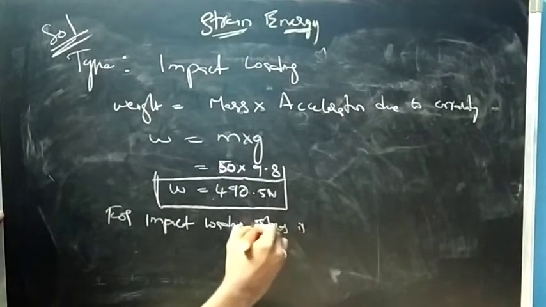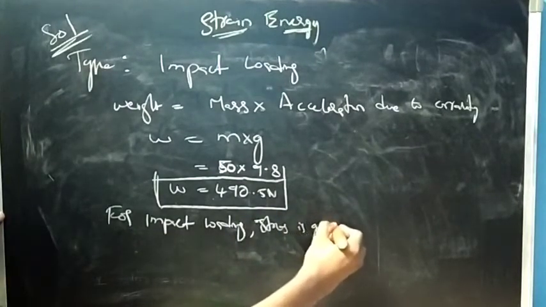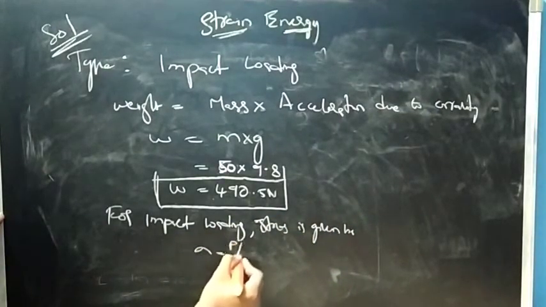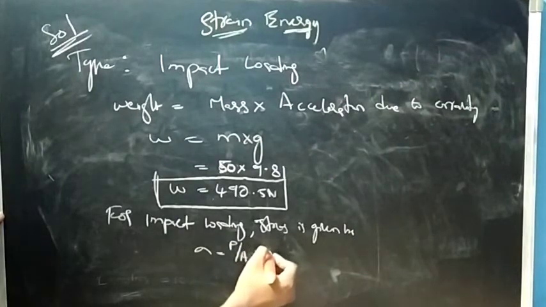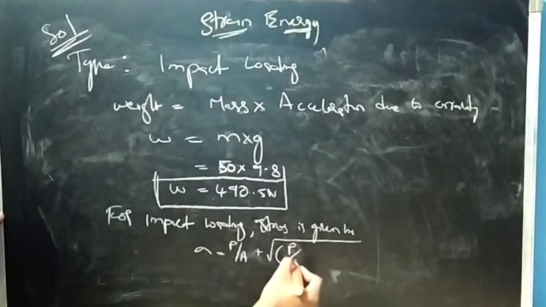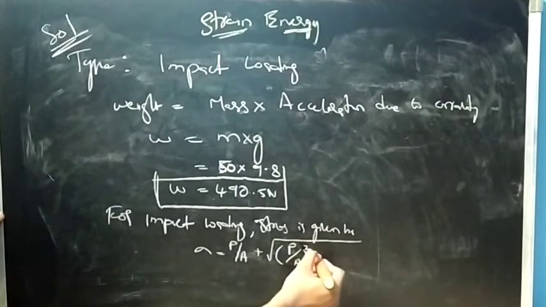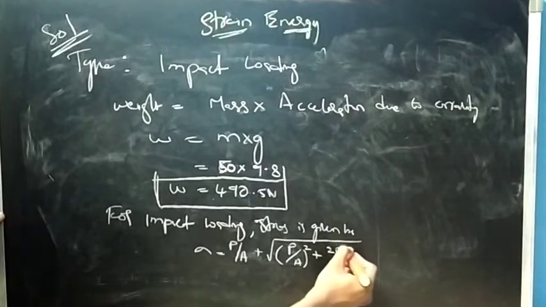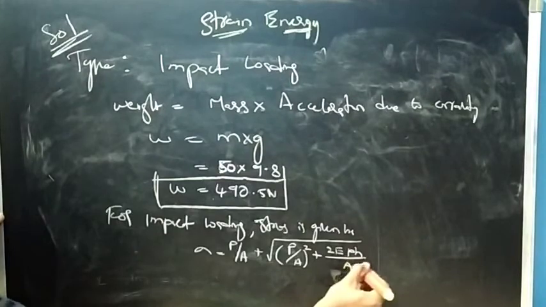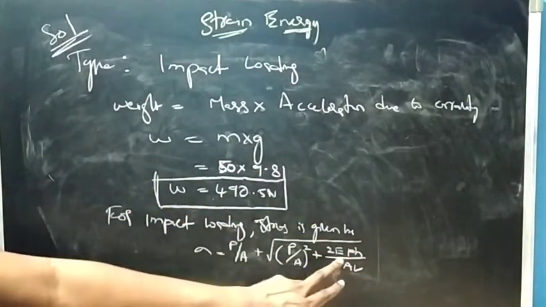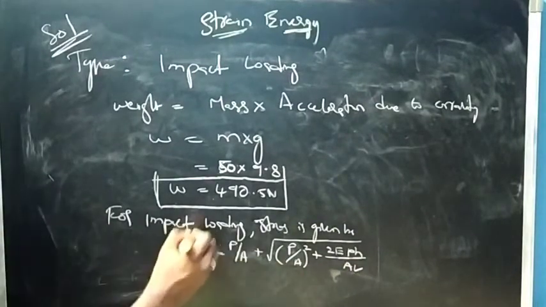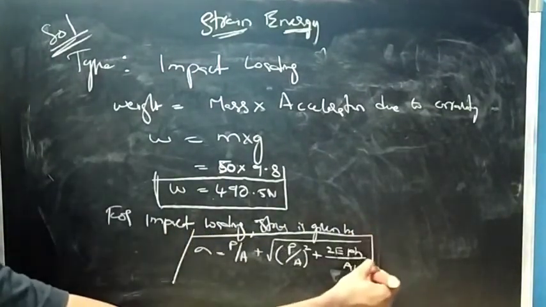Stress is given by sigma equals P upon A plus under root (P upon A) whole square plus 2E P H upon A L. So E is Young's modulus, P is load, H is the height, L is the length, and A is the cross sectional area of the rod.